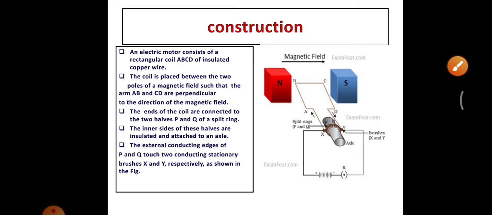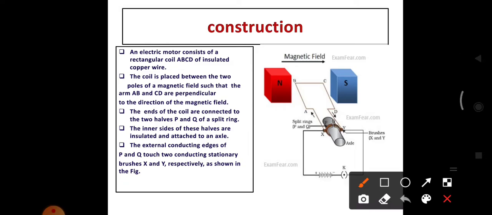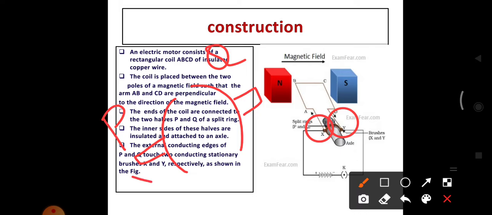The external conducting edges of P and Q touch two conducting stationary brushes X and Y respectively. See here, P is connected to X and Q is connected to Y. The P end is connected to the conducting stationary brushes X and Y. So here X and Y are the brushes, and P and Q are the split ring.